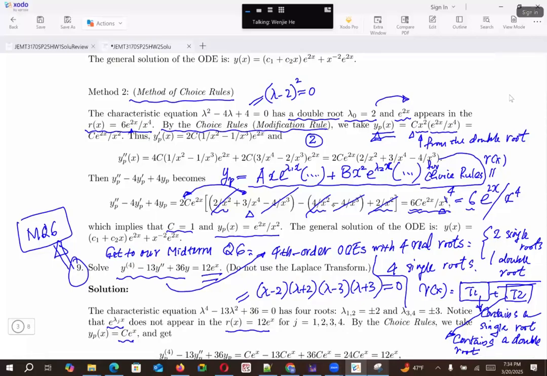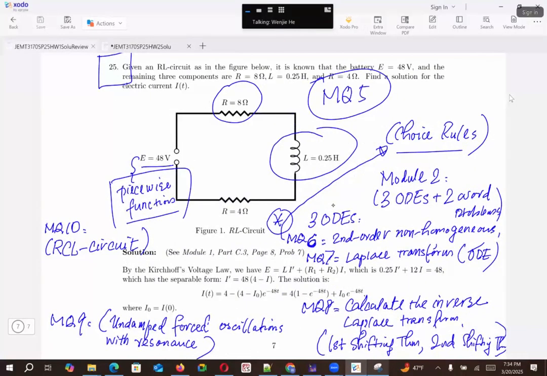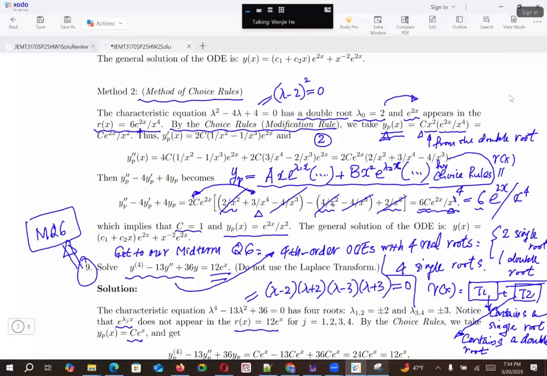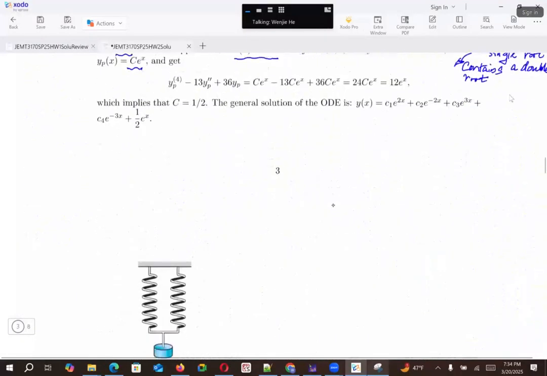The next question, let's go back to the one last time: Laplace transform, solve ODE. We have a lot of examples for this one, so I do not need to talk too much, just the usual way.